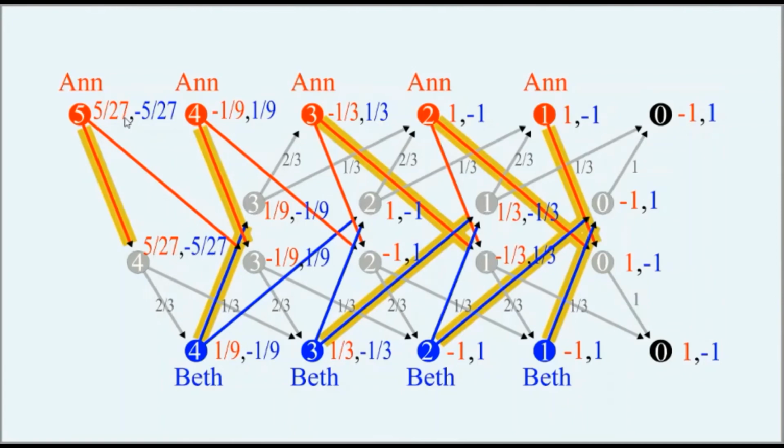And that means that the expectation for n in this game is 5 over 27. So n will more likely win the game than Baz. The expectation is 5 over 27, which is about 1/5. So she will win more often than Baz.